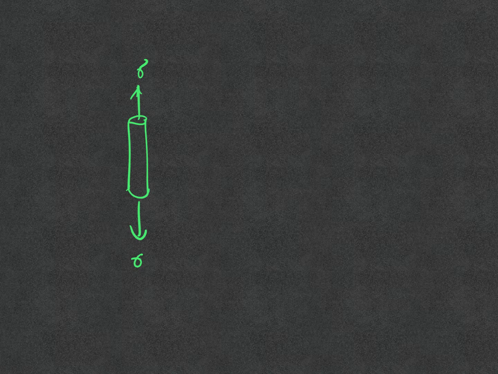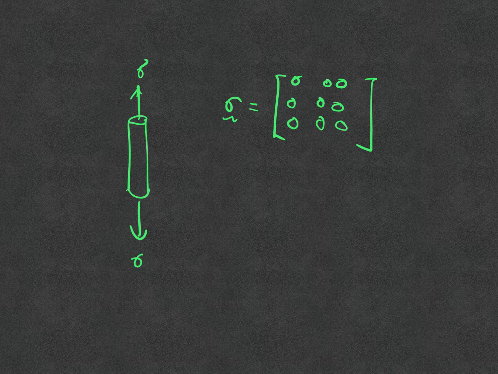Then what we have is that the stress tensor is equal to sigma 0, 0, 0, 0, 0, 0, 0, 0. Okay, do we agree? Now, this sigma and this sigma are two very different things.